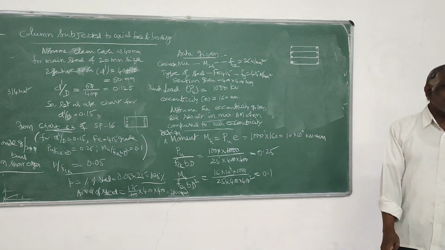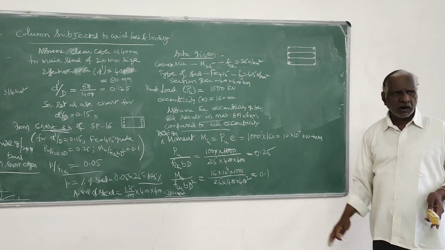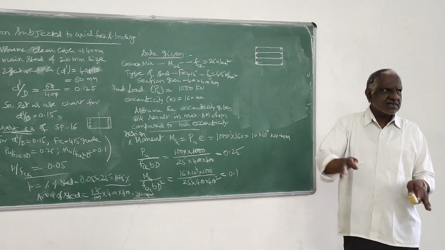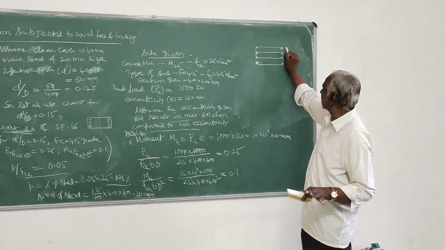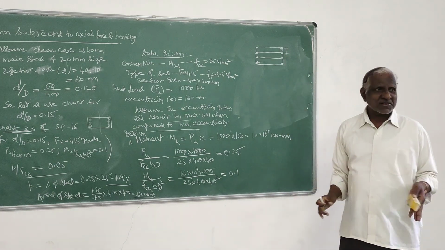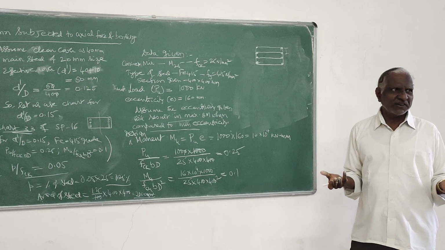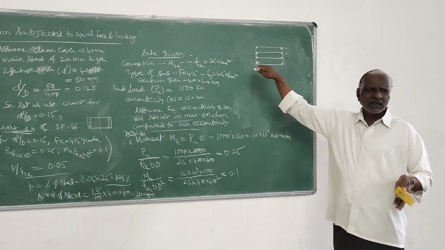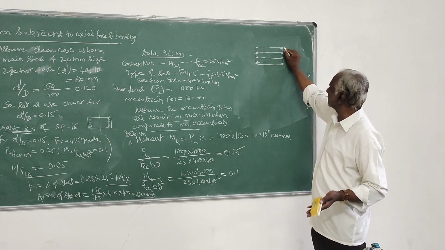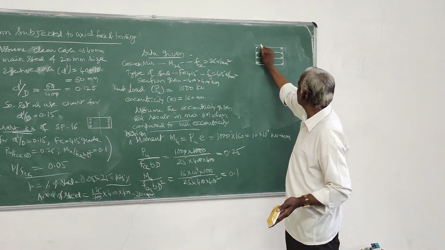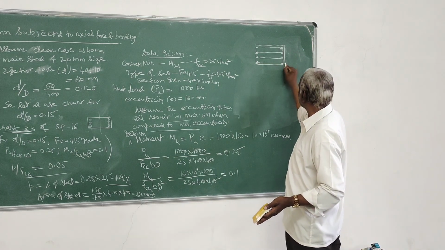So it takes care of all the 8 bars provided with ties in both directions. And you need not bother what is the clear spacing between the bars, because you have provided ties all around for all the bars. You need not check. Otherwise, you can just show that particular pitch also between the bars.